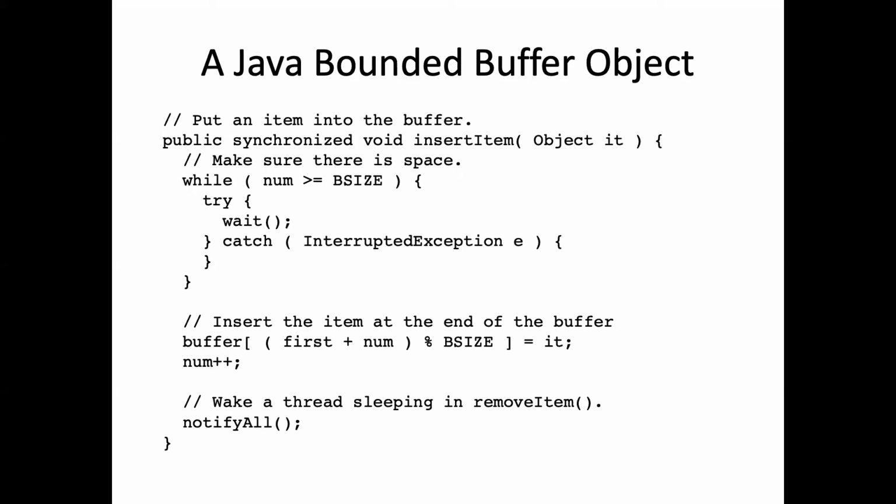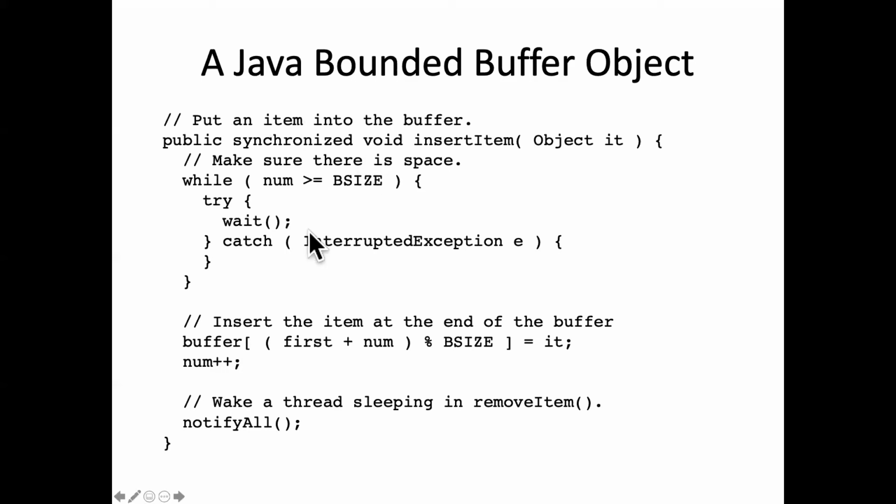If I'm a producer, first thing I have to worry about is: is there space in the buffer? So I've got a little loop here that says, if the buffer's full, call wait. And that's that same thing we were just looking at. That puts me in the wait set. Essentially, it makes me block until someone else notifies to wake me up.